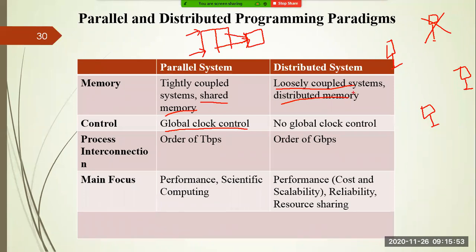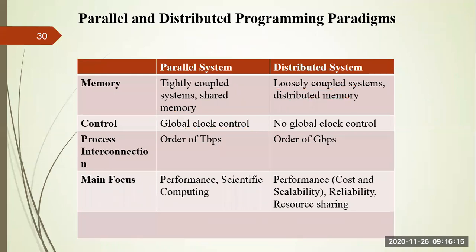So in this way, you can distinguish the parallel system from the distributed system. An important note is that don't think that distributed systems cannot be parallelized. Distributed systems also have parallelism, but they are not located in the same place. Parallel systems are located in the same place, which is called a multiprocessor system.